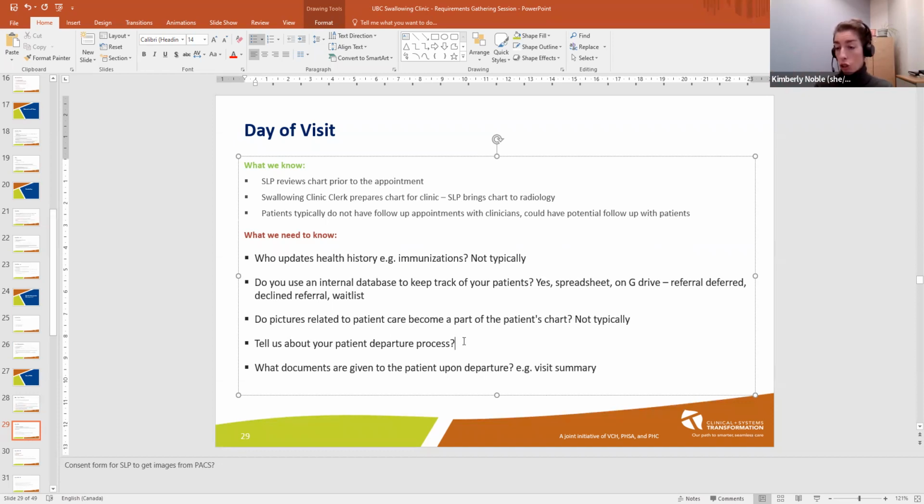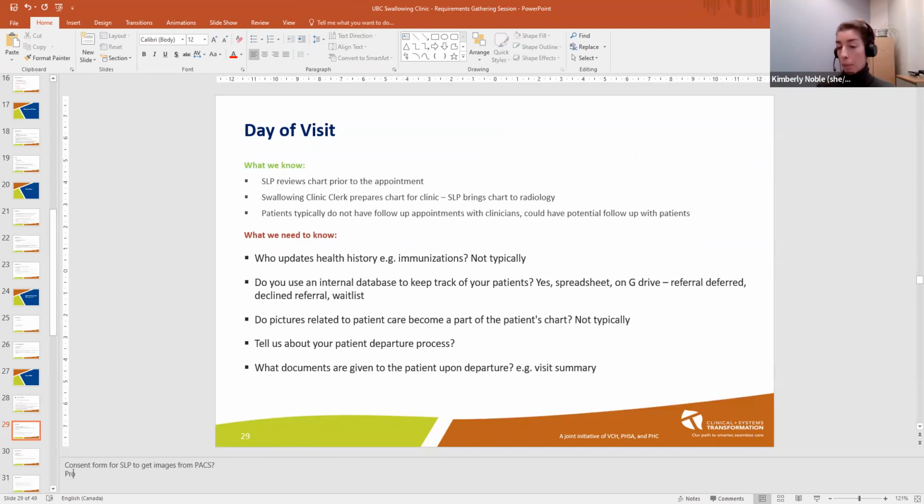But if they required additional follow-up, then we would potentially be calling them to schedule a follow-up visit. We don't provide them with the report at the time of the visit because it would not be written yet. Right.